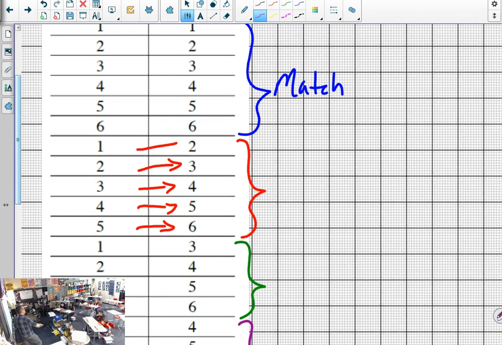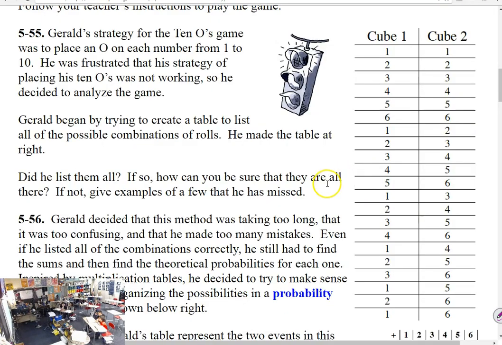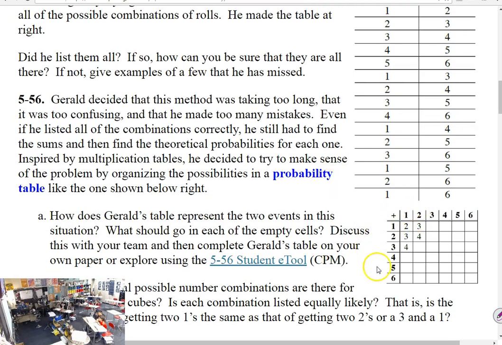So sometimes a table where you just go down, down, down like that is not necessarily always the best. When you're working with 2 different things, sometimes we want to set up a table that goes 2 different directions. So look at the table in problem 56 right here.